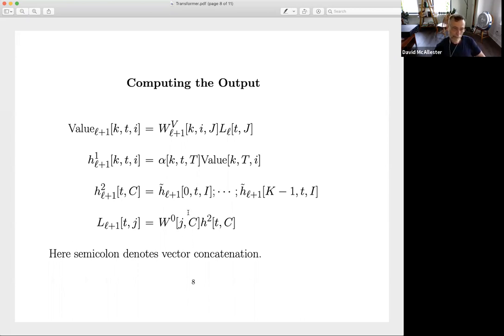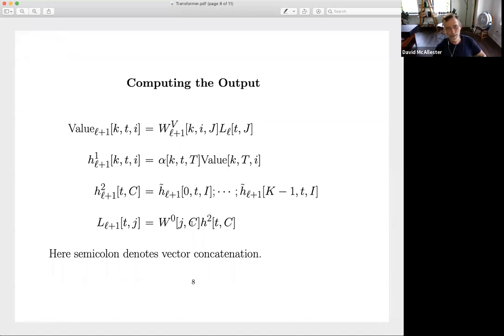And then we apply a matrix to this combined thing to get the next layer. So that allows the dimension capital J to be somewhat arbitrary. Capital C is just K times I, right? It's the number of heads times the dimension of each head value vector.